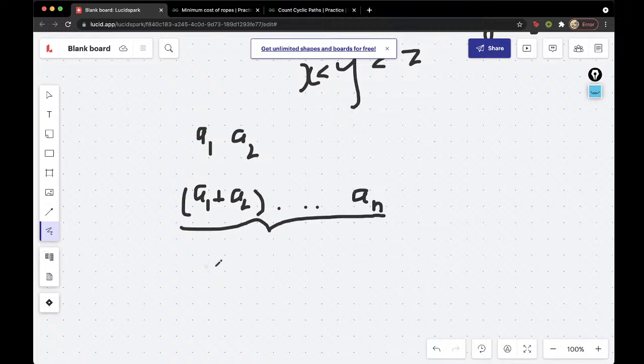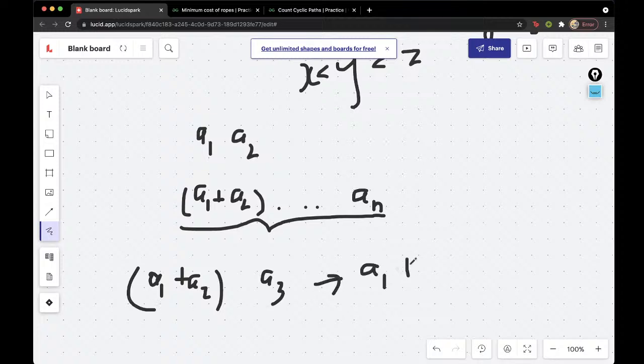Suppose you have a3, and you combine a1 plus a2 with a3, the cost will be a1 plus a2 plus a3, and the cost of the first step was just a1 plus a2. So as you can see, you are adding a1 and a2 twice to the answer now.